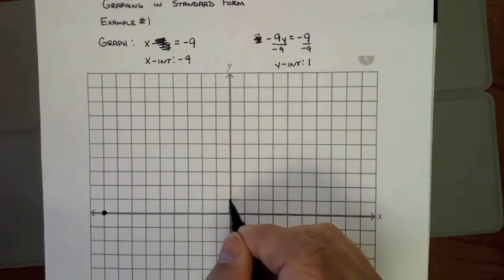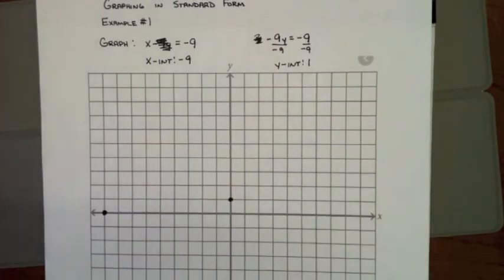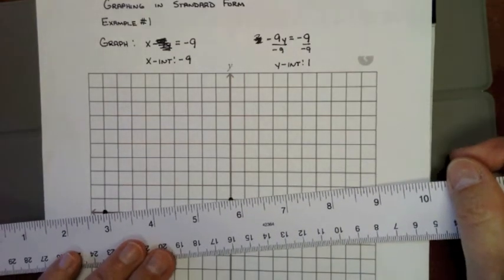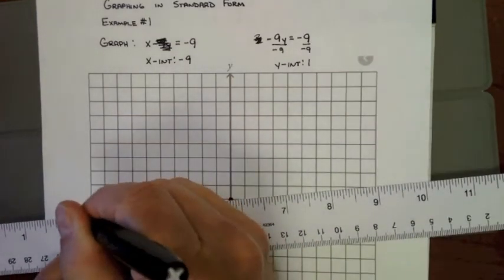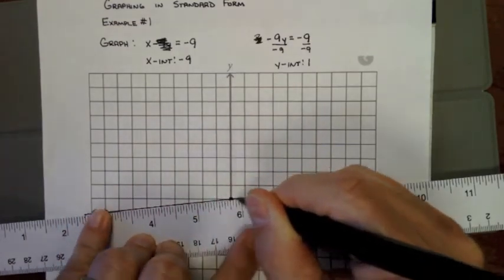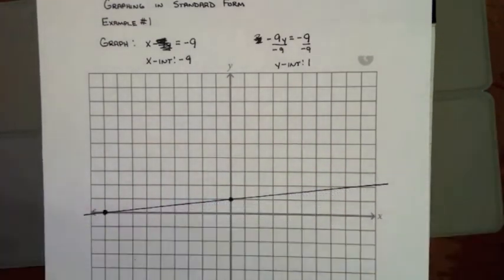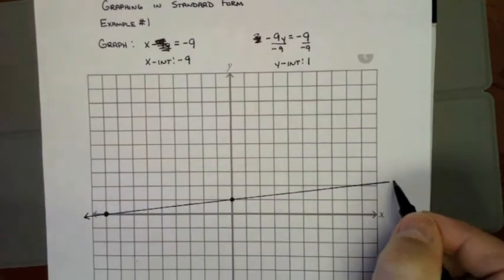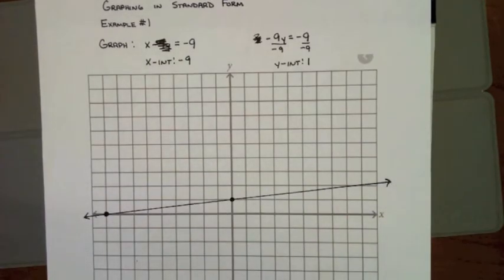Y-intercept of +1 is right there. Then I take my ruler, and I have just used the X and Y-intercept to graph this line right here. If it's in standard form, simply try to use your X and Y-intercept to graph one of these.